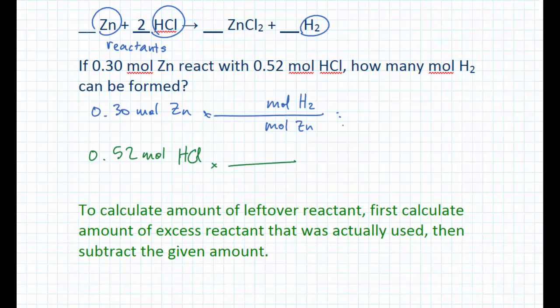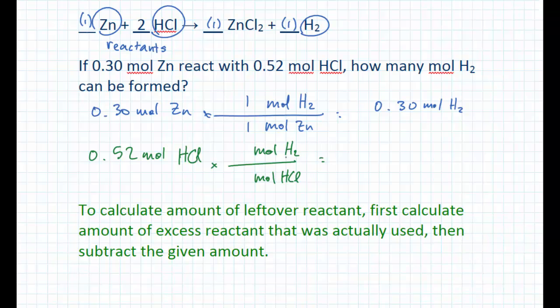What is the mole ratio for zinc and H2? If you want, you could put 1s in the blanks if that's helpful for you. Nothing wrong with that. So that one's easy. 0.30 moles of H2 will be formed. But then we've got to do HCl. Moles HCl, moles H2.